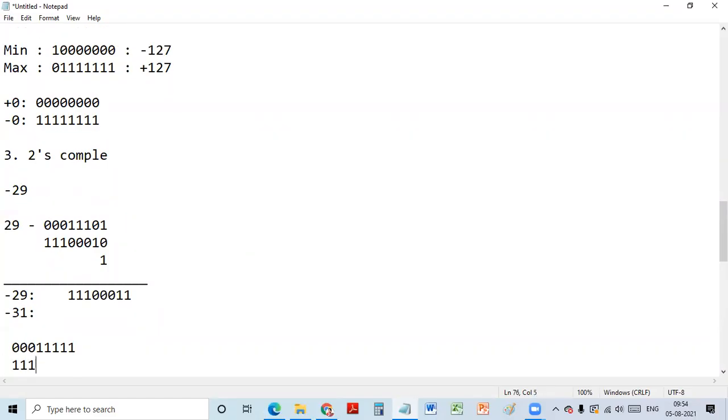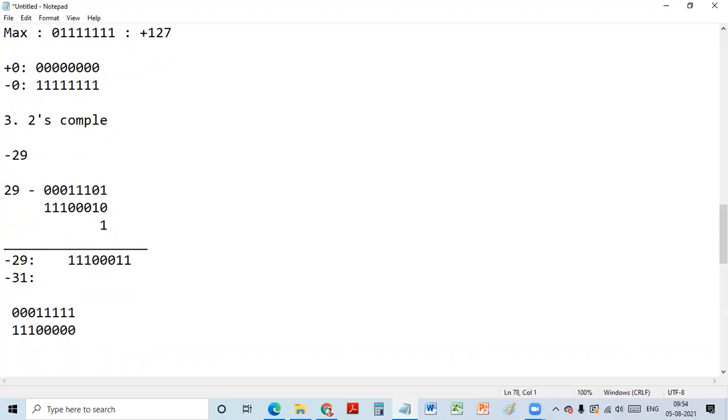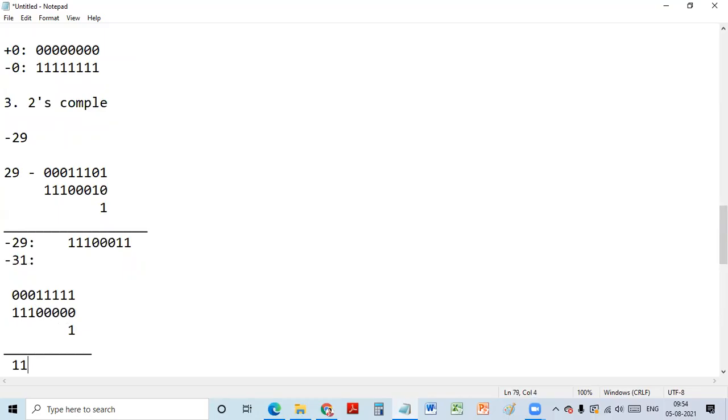So first take the 1's complement of this, and now add 1 to it. So I'll get 1, 1, 1, 0, 0, 0, 0, 1. This is minus 31.